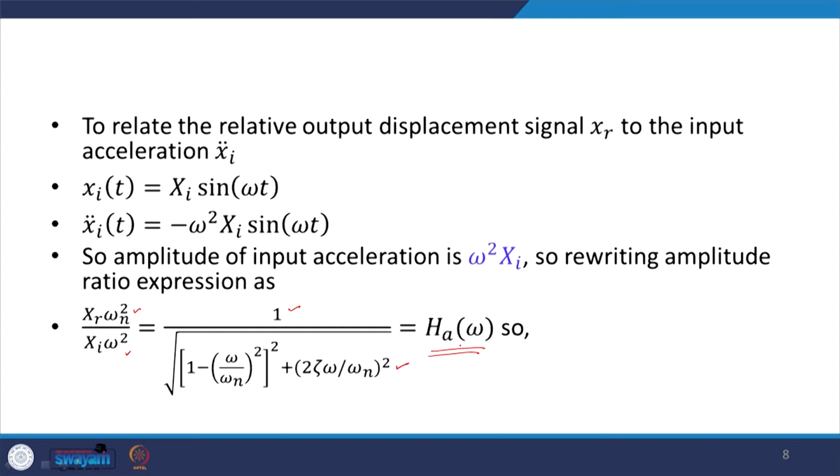Now, to relate the relative output displacement signal xr to the input acceleration, that is xi double dot, this is what I have been talking to you about since the beginning. I assume my input signal to be xi sin omega t. So, xi double dot will be minus omega square xi sin omega t.